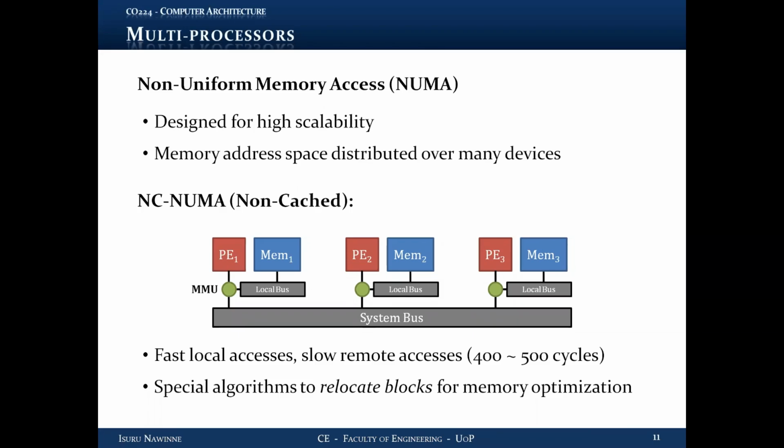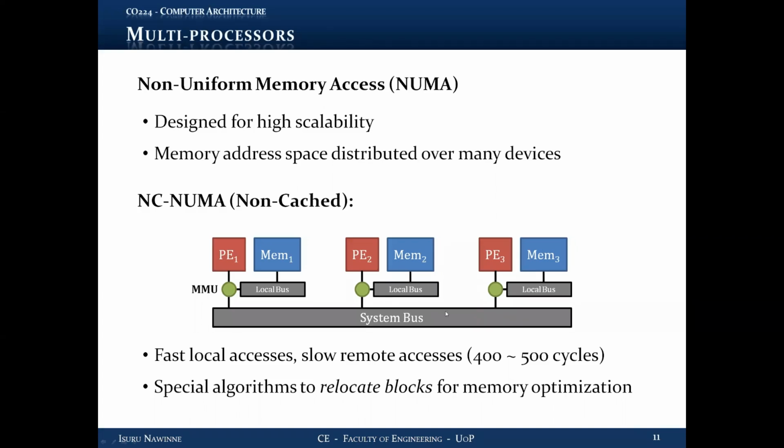So then the operating system should relocate blocks from memory for optimization, right? So the distribution of the address space among these physical memory locations. Remember, the virtual to physical translation happens through the operating system using page tables and all that.